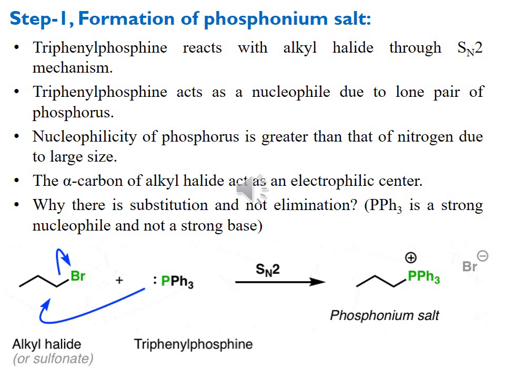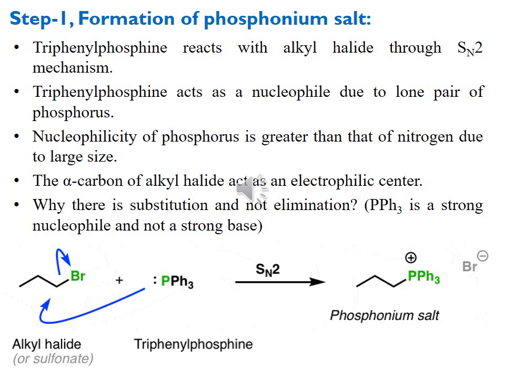SN2 reaction mechanism means that we can control this reaction through the conditions which are related to SN2 reaction mechanism. That is, it is a second order reaction. It depends upon the concentration of both of the reactants and so on.